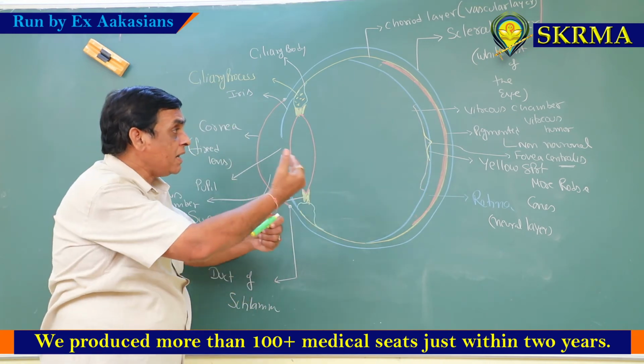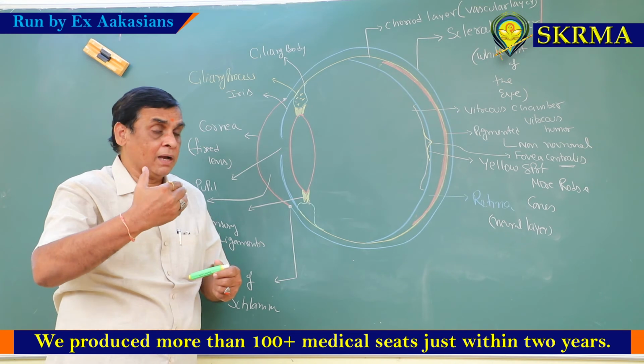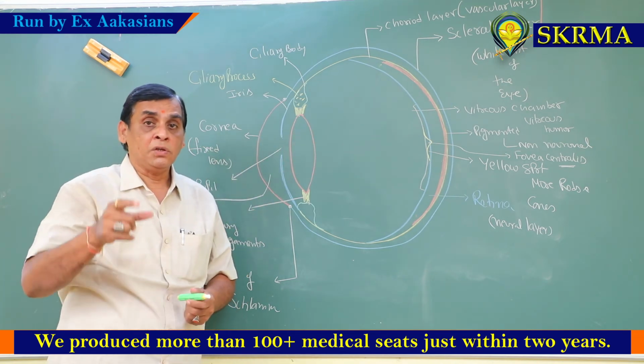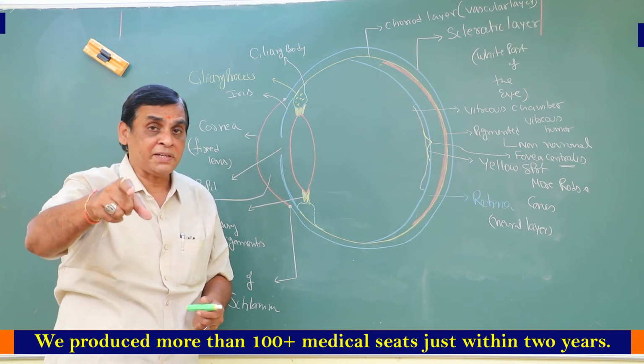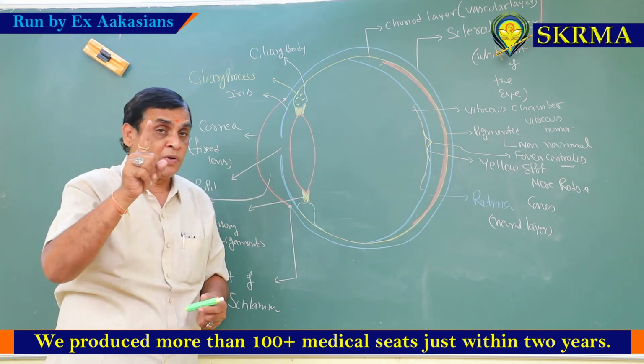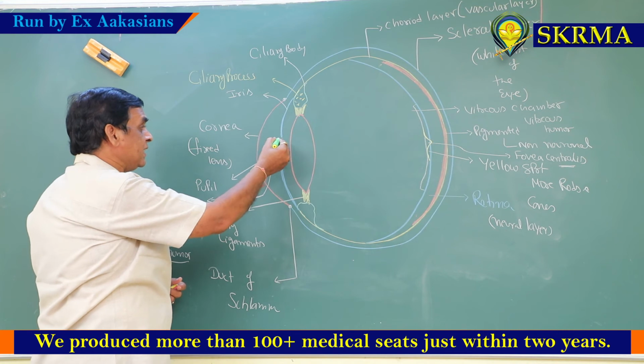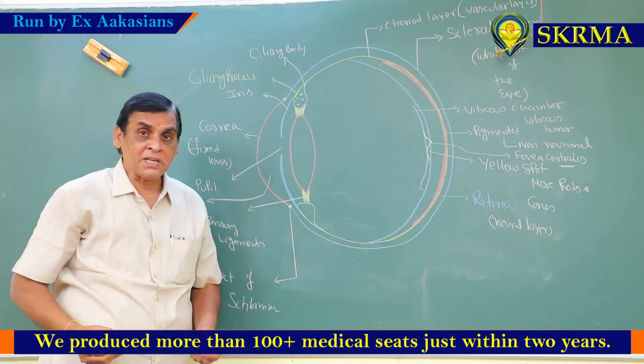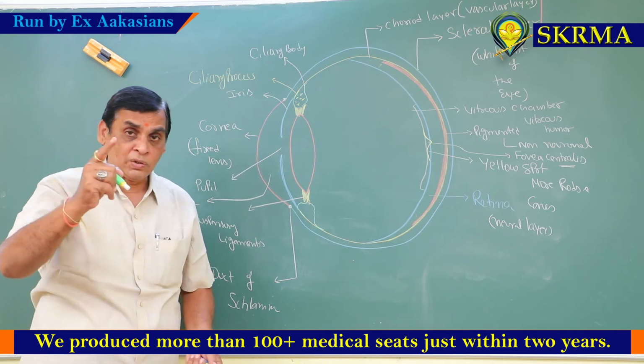Now in another diagram I will write the 3 layers present in the neural layer or the retina of the eye. Before that, I want to tell this one. Now this is the iris. The iris is provided with 2 types of muscles.